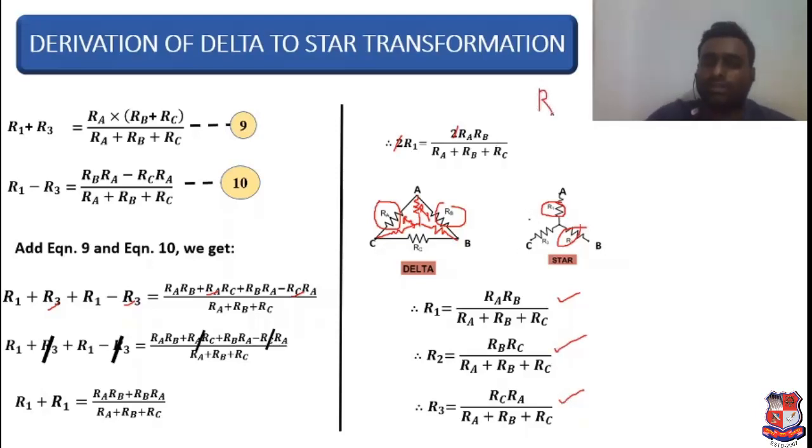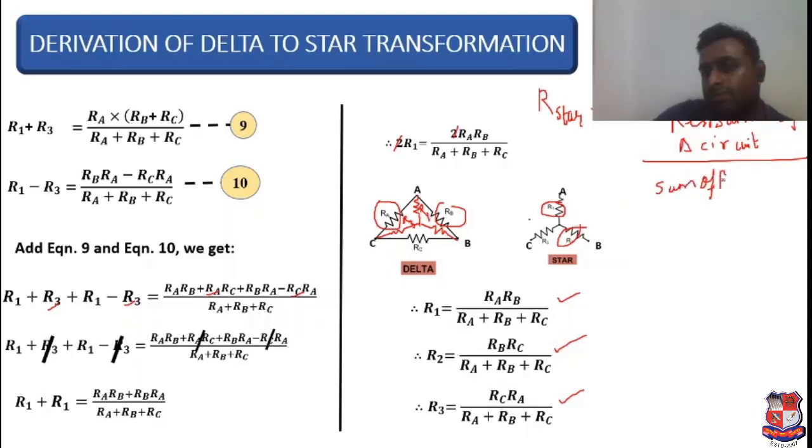So in general you can say that the resistance of a star connected circuit will be equal to the product of neighboring resistances of the delta or pi circuit, divided by the sum of the resistances in the delta circuit.